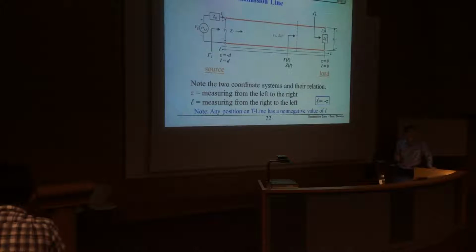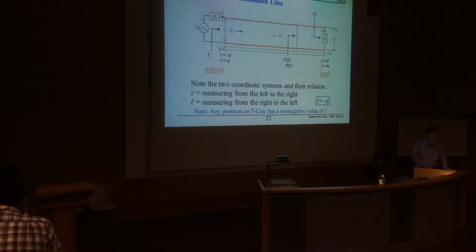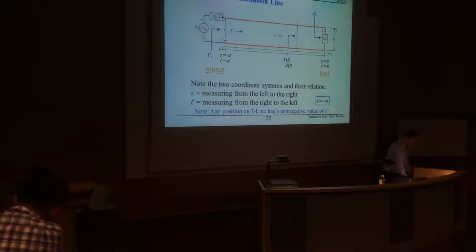Okay? The reflection coefficient along the transmission line, the magnitude actually is constant. However, the phase will change from location to location. For instance, here this location, load or generator, those phases are different, right? Okay.